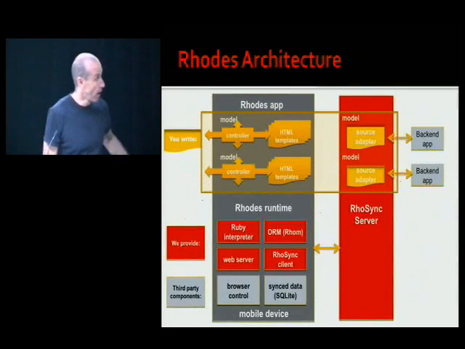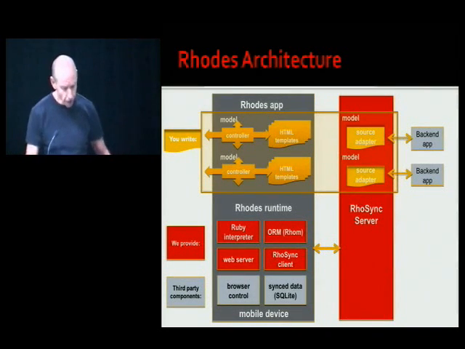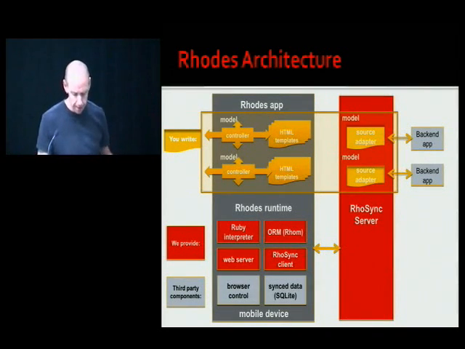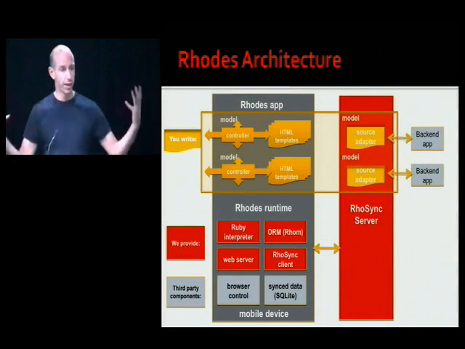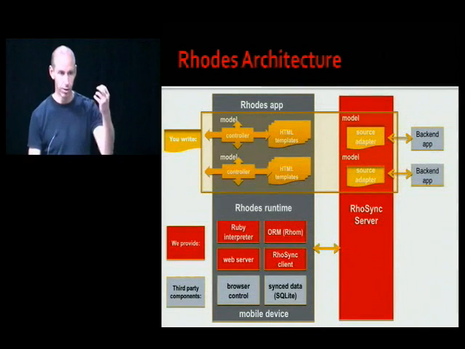So this is the architecture of what we've been talking about here. Your app is all these gold things. You have a controller, which you would expect in an MVC framework. And you have a bunch of HTML templates. They happen to be ERB files. And then on the back end, nobody's forcing you to use RhoSync. If you want to do all your own real-time data capturing and retrieving, you can do that.